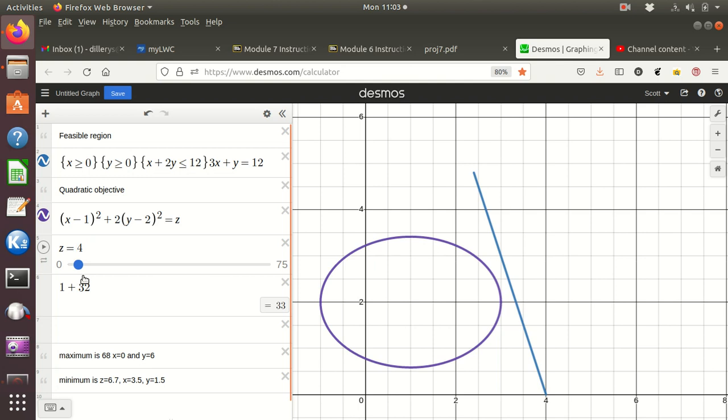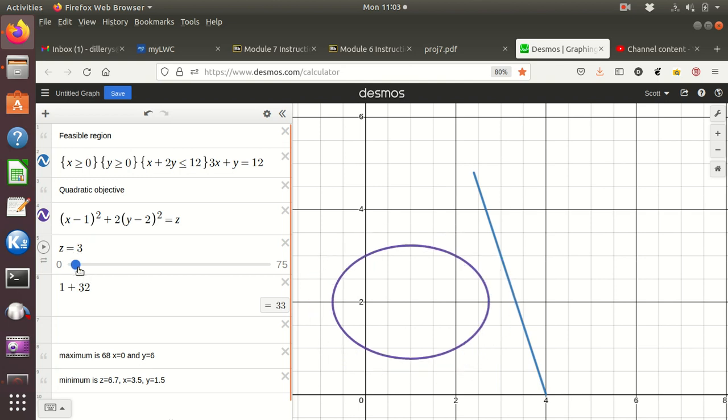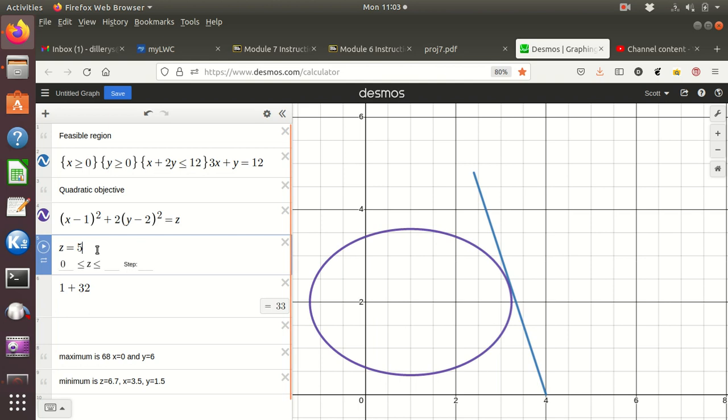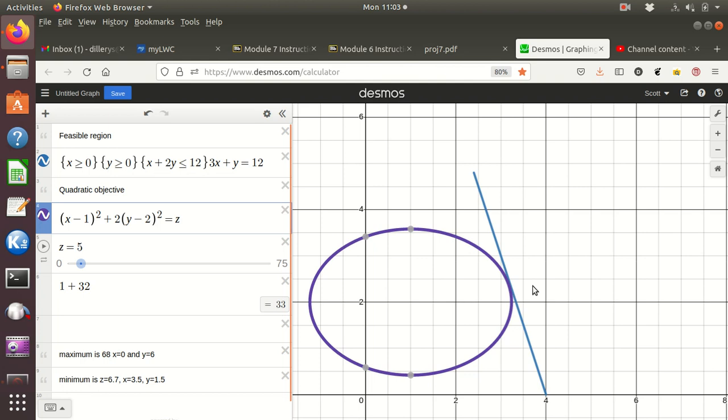Well, I'm going to do it by hand here in a second. I'll get it up about, well, there's 4. Okay, so now I can do this by hand. I can change that to a 5. Oh, 5's pretty good. 5 looks like it's really close, not quite there yet, because if I click there, I don't get any of these gray dots.